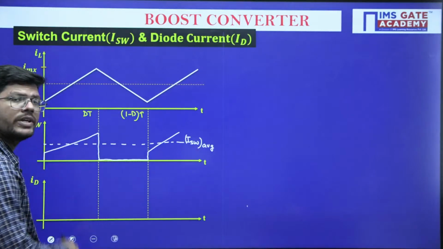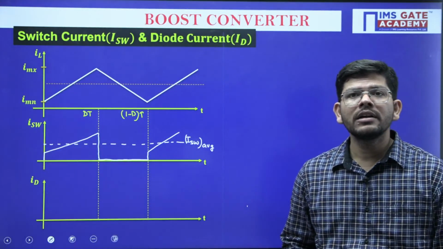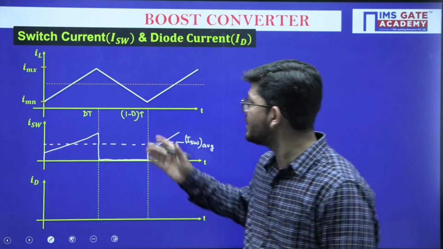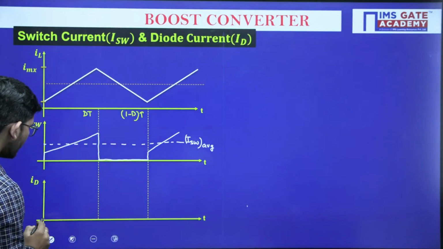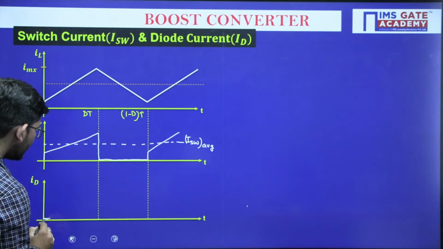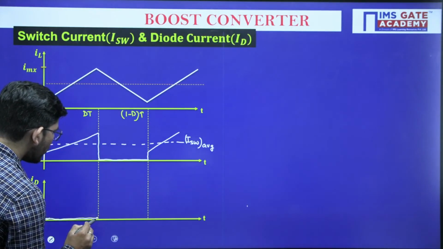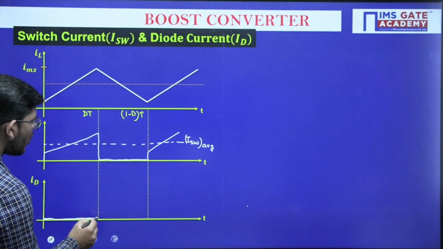Similarly, if we talk about diode current, the diode is carrying the same inductor current during the off period. So whatever is the shape of the inductor current, just draw this particular shape during the off period.